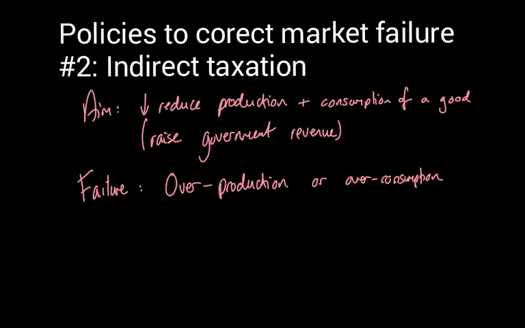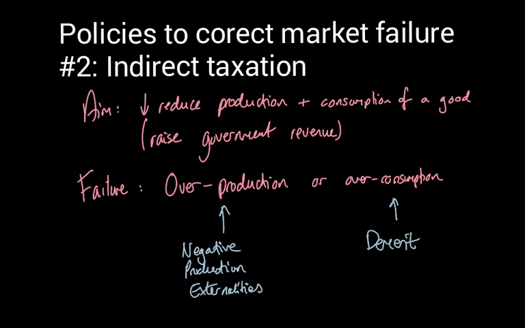Well, overproduction will be caused by producing a good which generates negative production externalities. And I suppose your classic one here would be pollution externalities or noise externalities, or overconsumption. If something is overconsumed, then we talk about it being a demerit good.